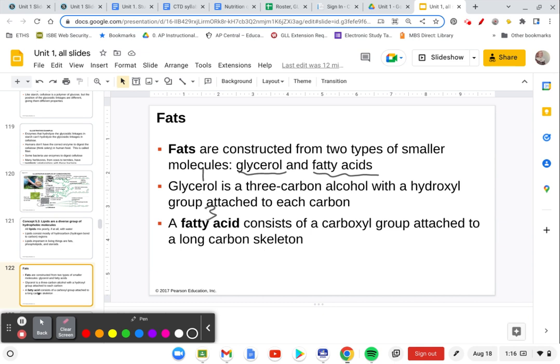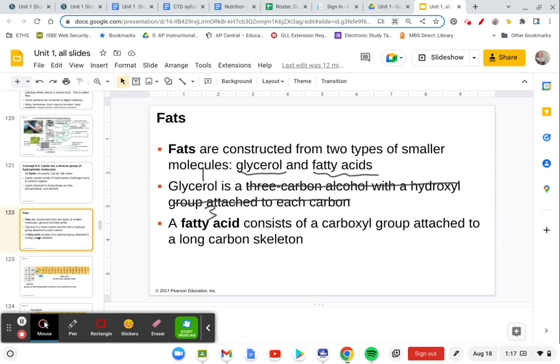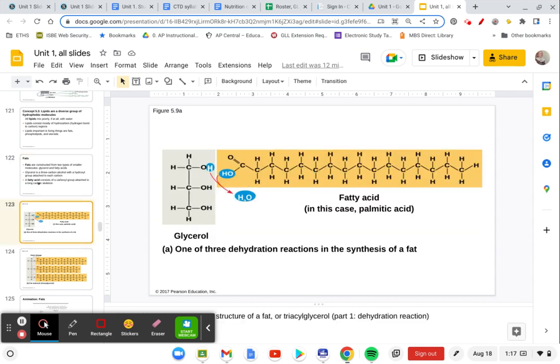So let me see if there's a picture here to show you that. The glycerol is a 3-carbon alcohol that's attached to the hydroxyl. You do not need to know that. You don't even really need to know what glycerol looks like. Instead, here's a picture. This is the glycerol molecule here on the left.